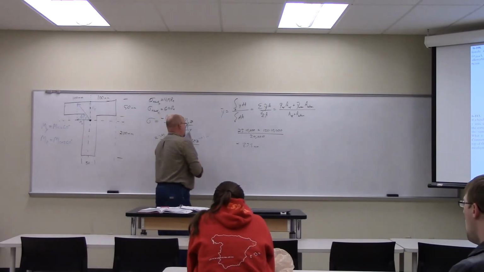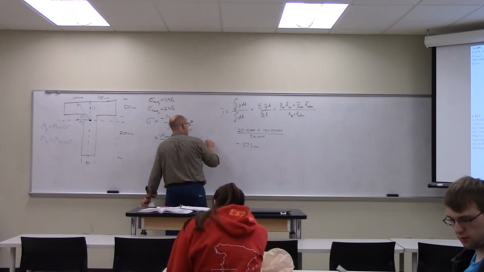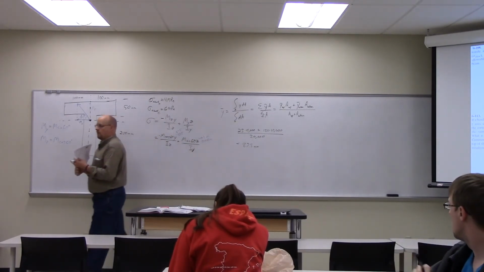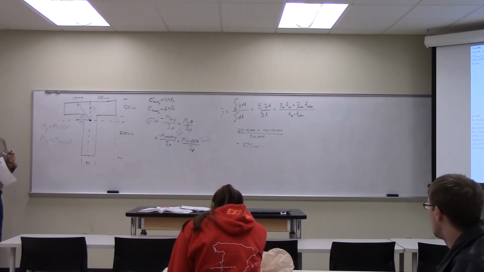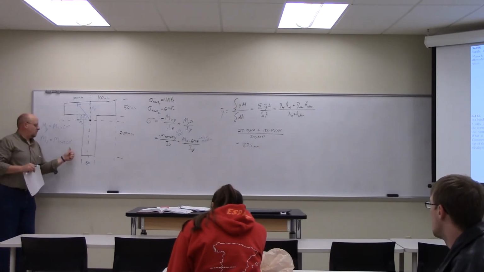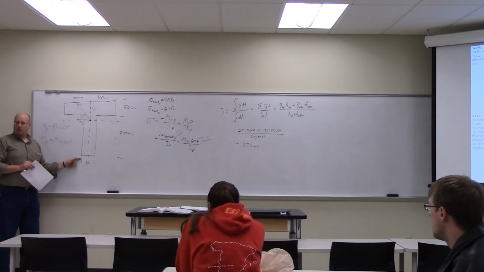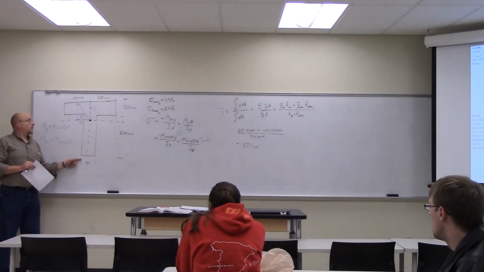And then when I do that second corner, my z is going to be 0.025 meters. Does that make sense? Because the z is only 25 millimeters away from the centroid in tension.